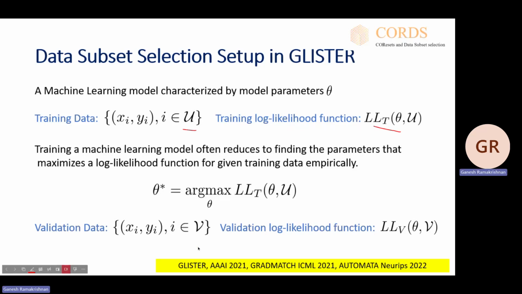Okay, so how about the following? I'll say max S subset of U, max theta. I'm teasing your understanding. Will this be the right sequence?